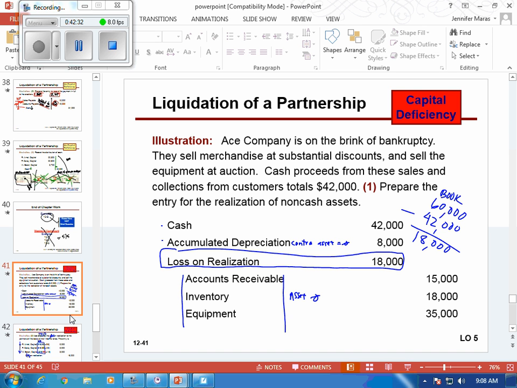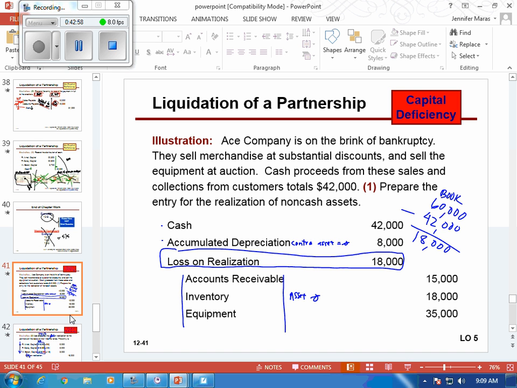So maybe there's 2 people in business and they want to add on a third. It gives you some reading about the admission of a partner. The admission of a new partner results in a legal dissolution of the existing partnership and a beginning of the new one. So if someone shows up and says, I want to be a third partner, you actually have to see the old partnership go away and form a new one.